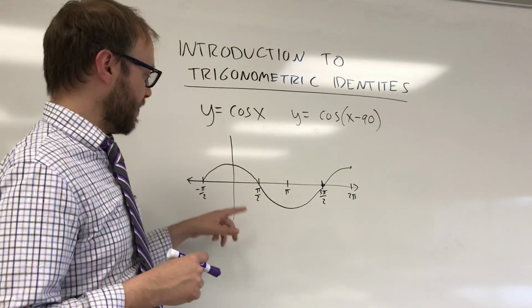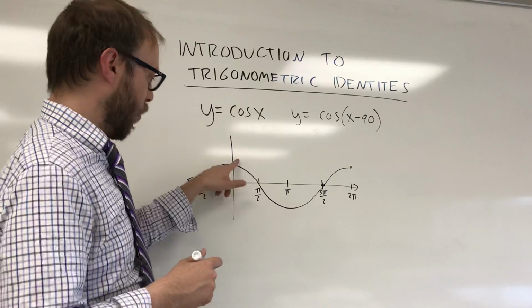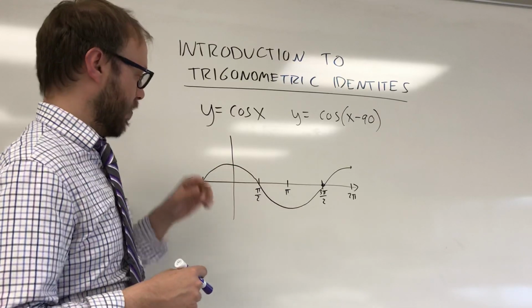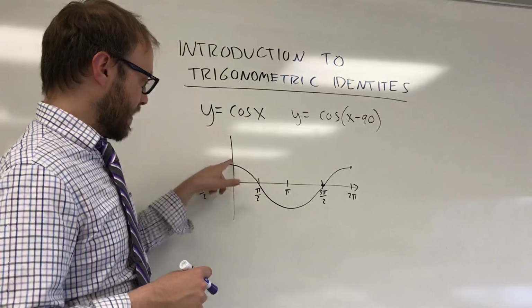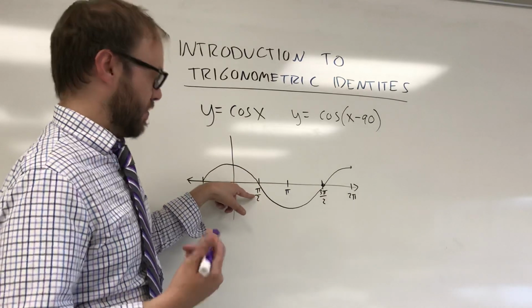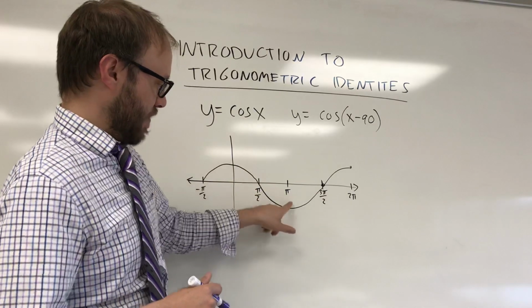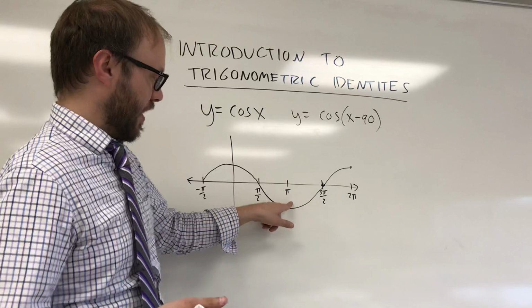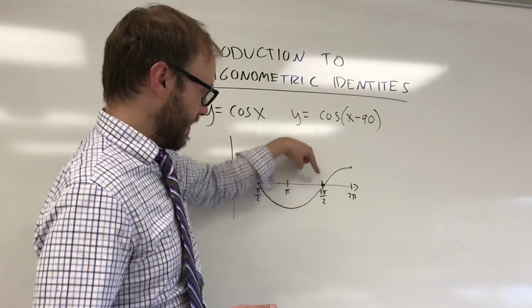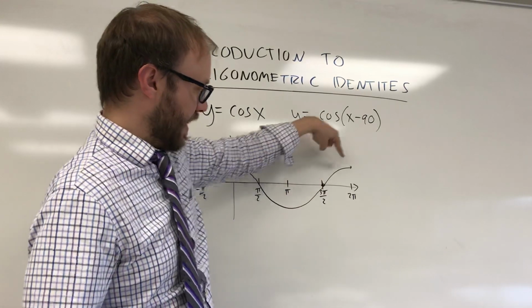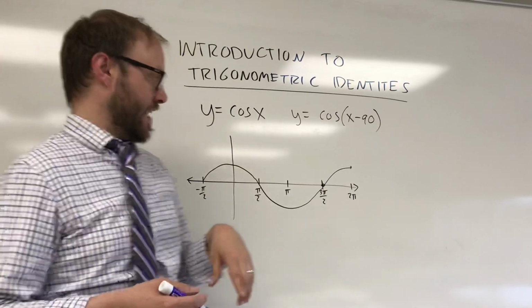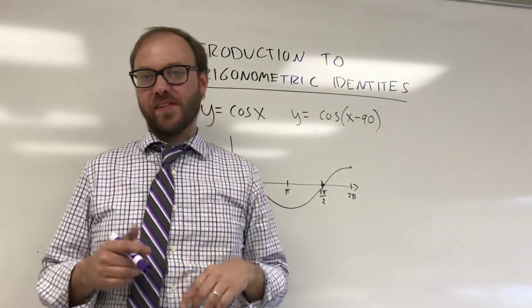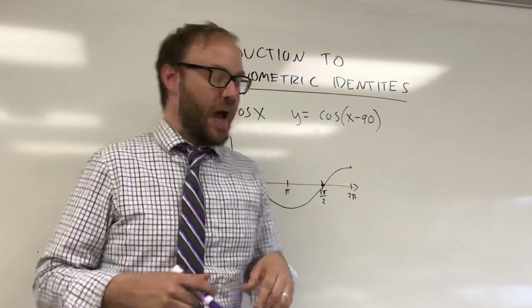If you remember, the cosine function starts out at a maximum value of 1, hits a minimum value of -1. It crosses the axis at 90 degrees, which is the same thing as pi over 2 radians, hits a minimum at pi radians, or 180 degrees, then hits the axis again at 3 pi over 2 or 270, and finishes one cycle at 2 pi radians, or 360 degrees if you're working in degrees.